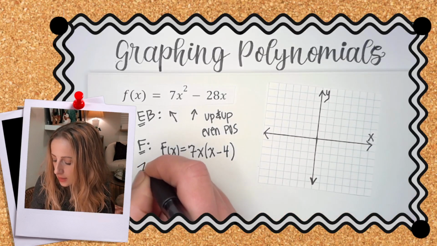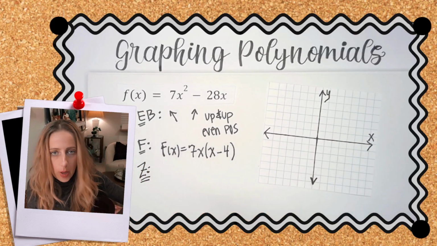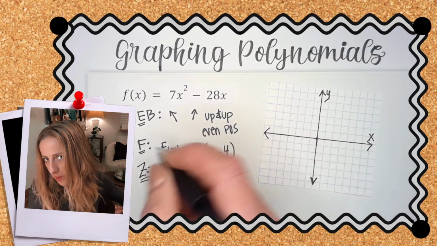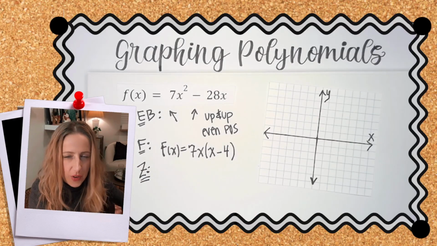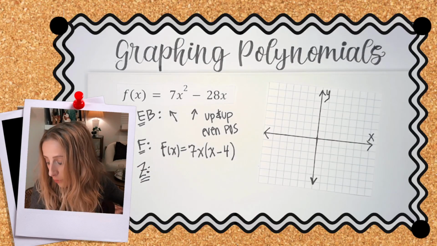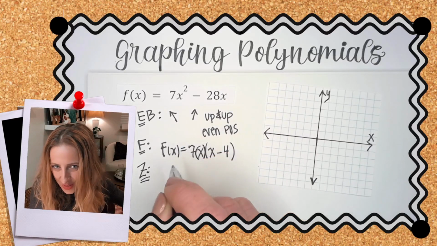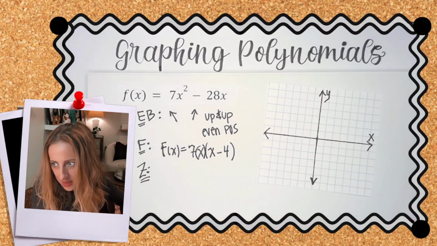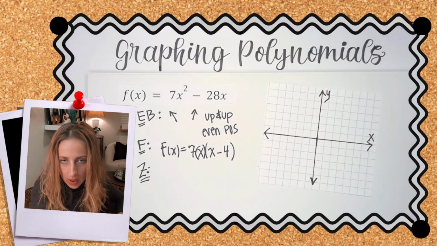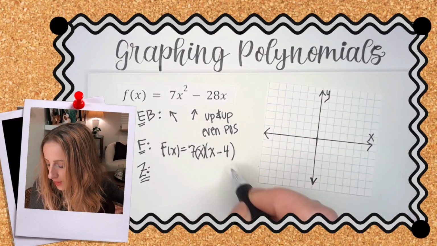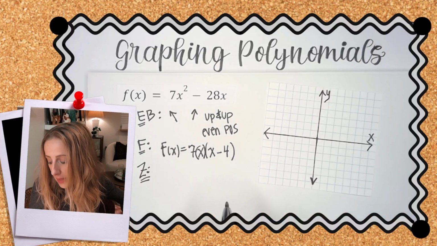After that, z is for the zero product property. So we're setting f of x, which is y, equal to 0 to find x-intercepts. Zeros is another name for x-intercepts. And we do that by setting each factor equal to 0. 7 doesn't really count as a factor. It's being multiplied. It's a vertical stretch. Again, that's a conversation for a different day. But x gets set equal to 0 and x minus 4 will get set equal to 0.